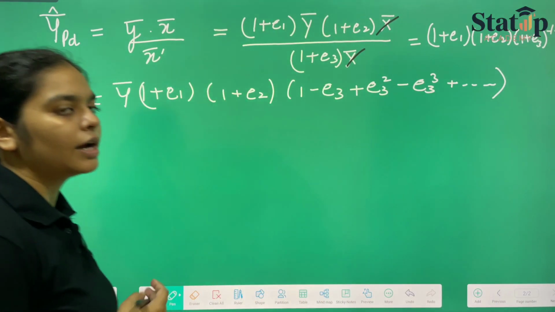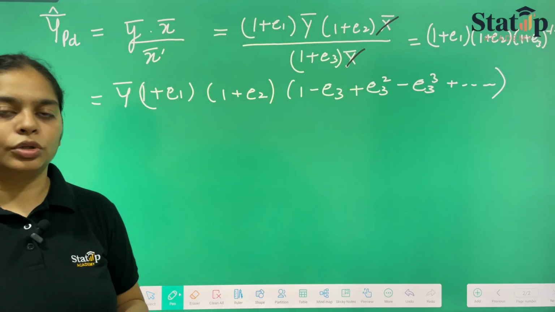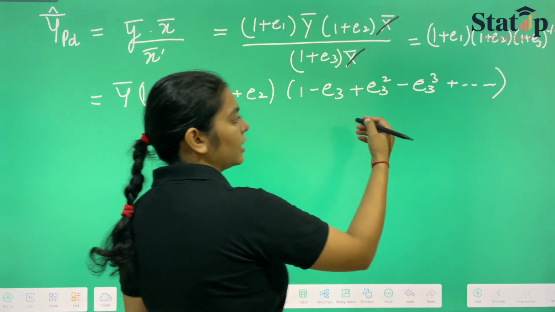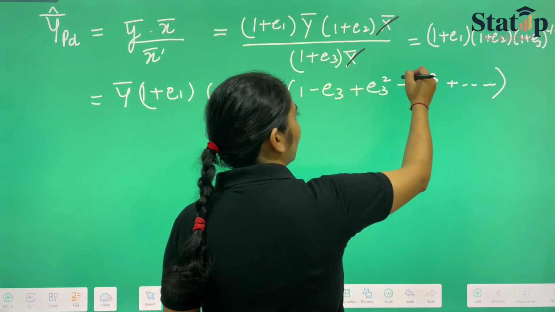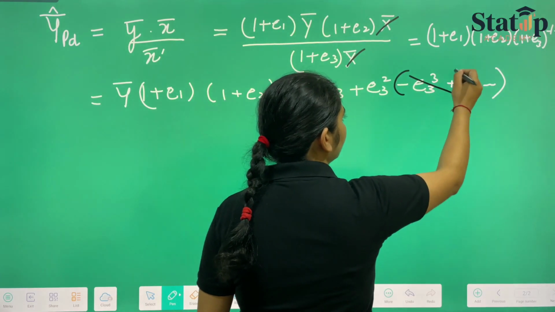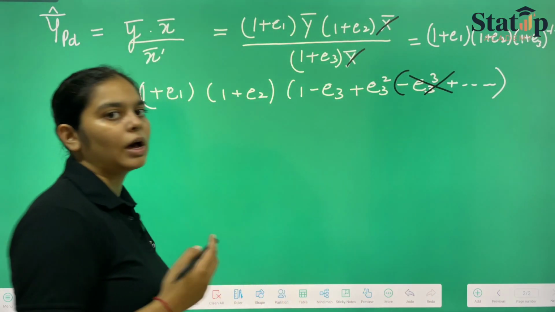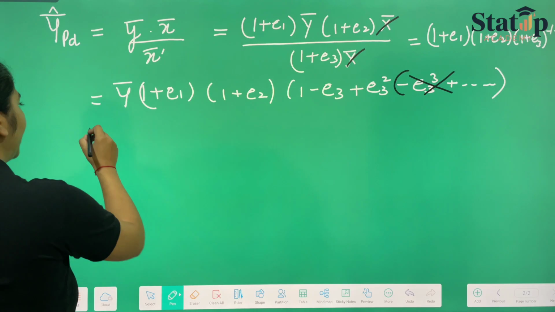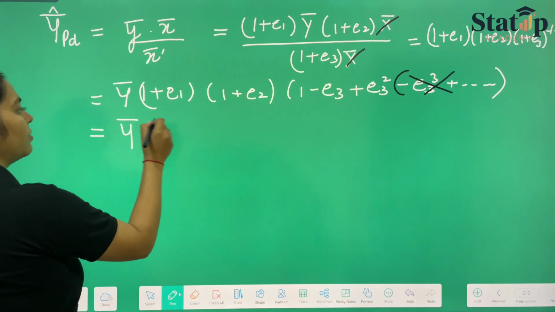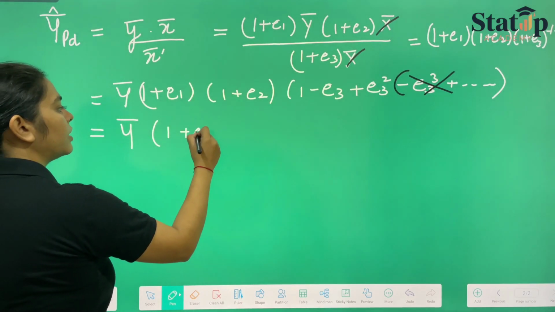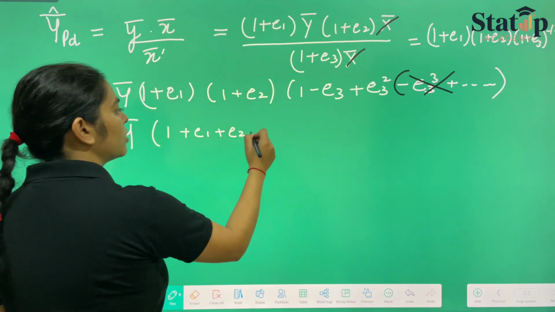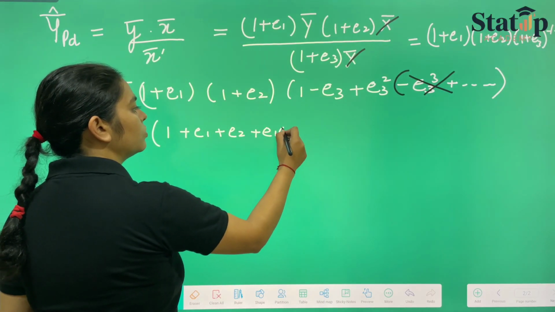Now, if we are taking approximation up to order 2, so higher powers than 2 will be taken out of it. So we are not considering powers greater than 2. So by multiplying this, we will get Y bar into 1 plus E1 plus E2 plus E1 E2.